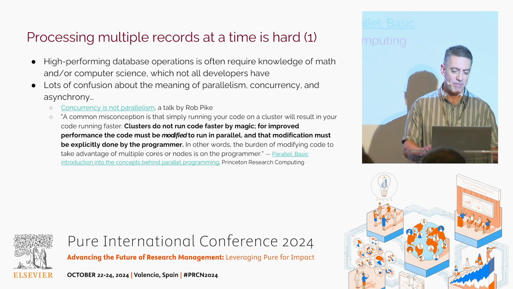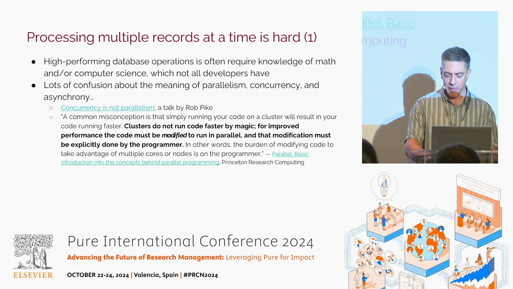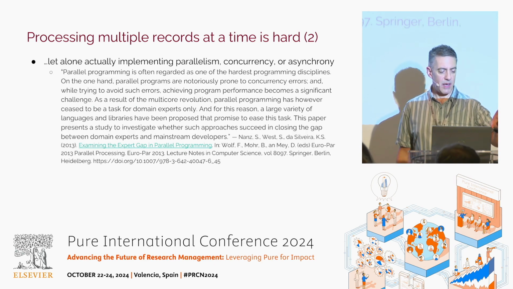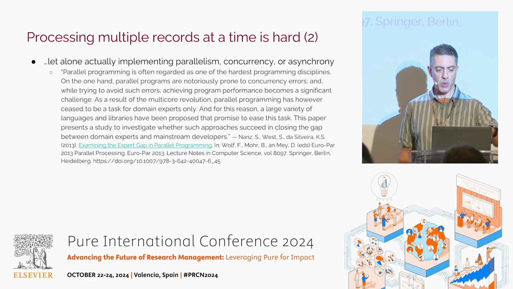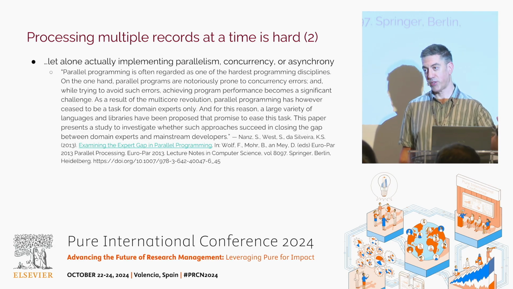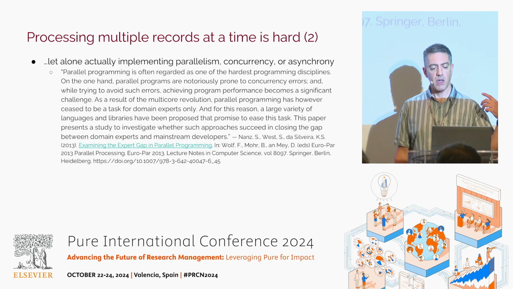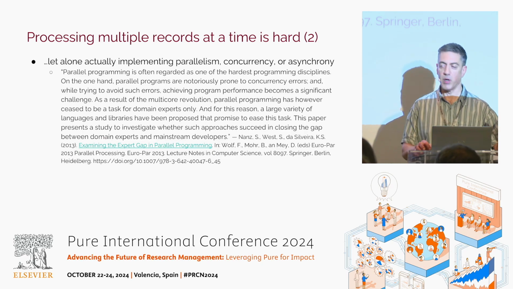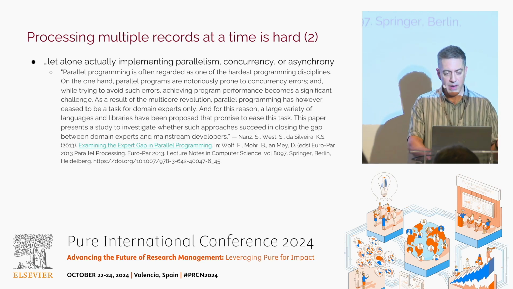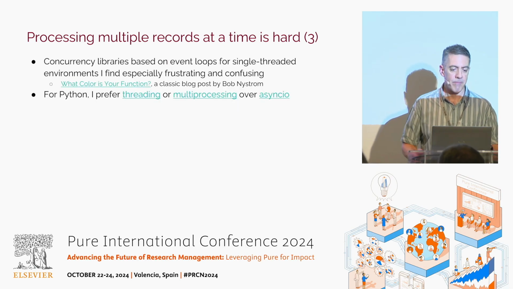And if you haven't done it before, you may not get that. In the interest of time, I'm not going to read this quote, but I actually found some research about developers' knowledge and skill in using this approach, and research supporting that. Not all developers know how to do this.